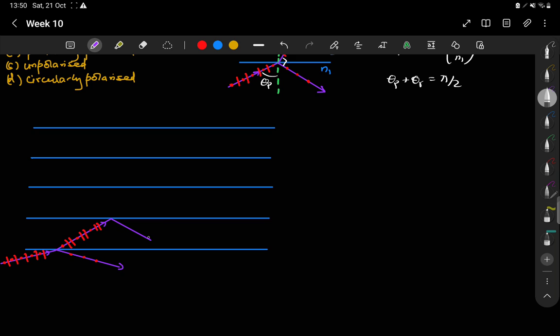And then we have a reflected light which is completely polarized, and then a refracted light beam.